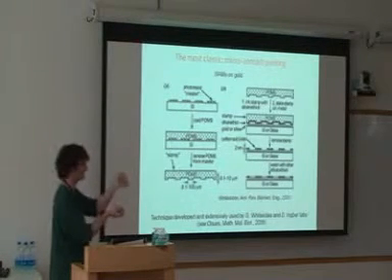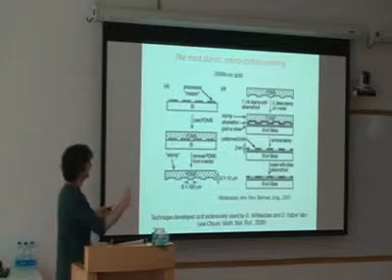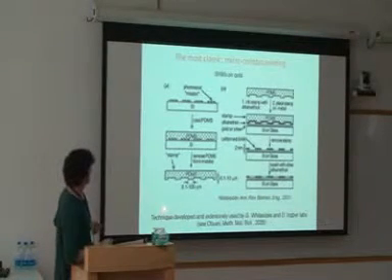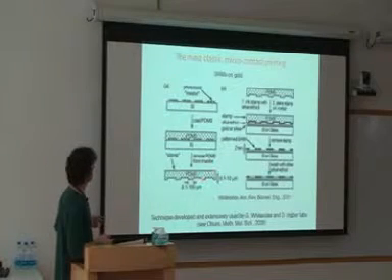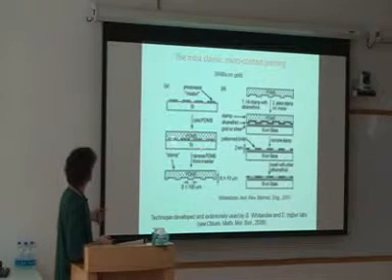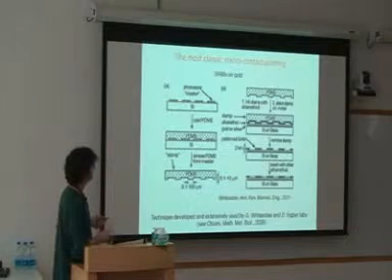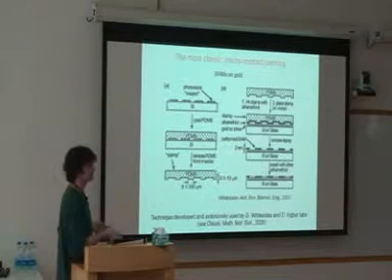You just put your drop of protein on your stamp and you stamp it. So I think it's still probably the most widely used technique. The only limitation is to get the stamp.